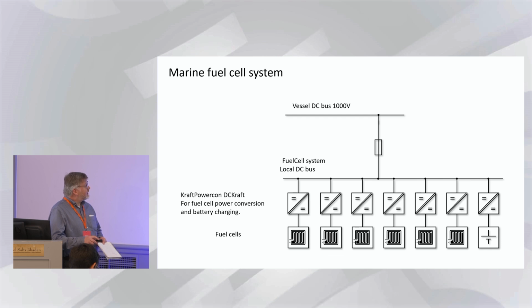despite ordinary batteries. So thanks to that, we need a DC-DC converter to give the same voltage from all the fuel cells before putting onto this local DC bus. There could also be ordinary batteries on the bus to handle dynamic changes and to start up the system before it's running.